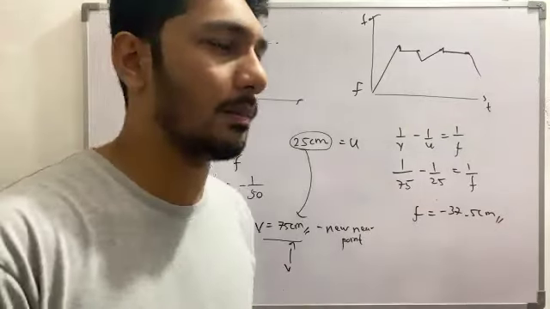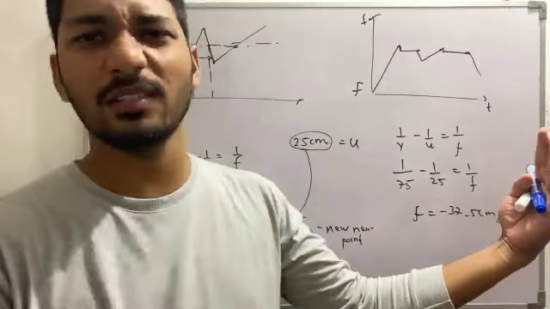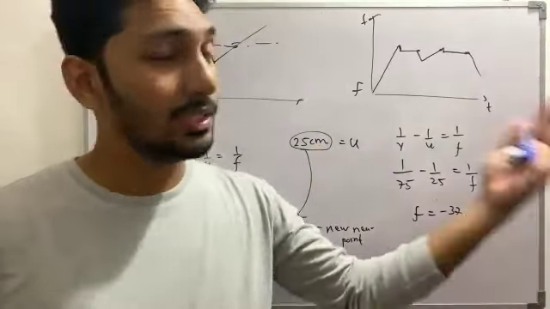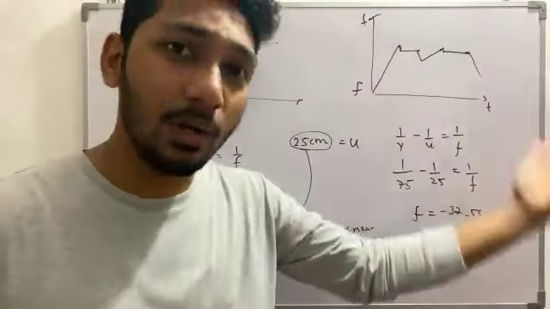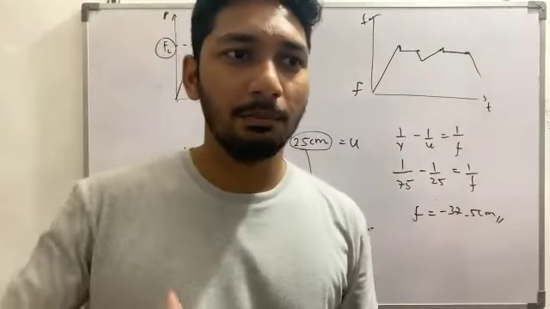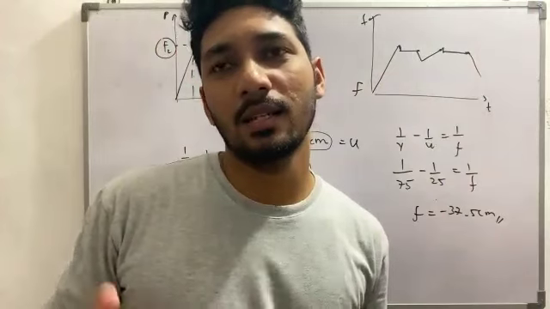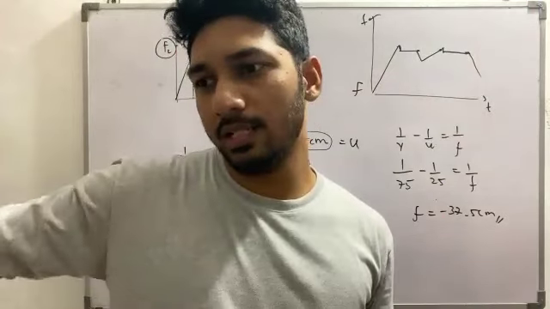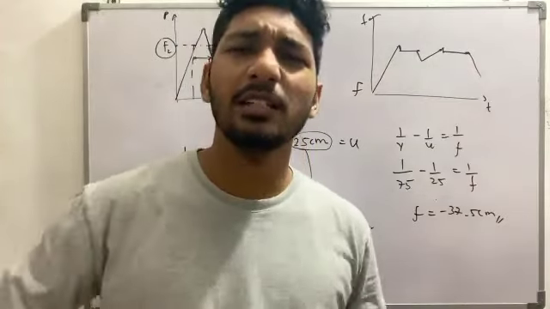Another person will come. I have long-sightedness. I have to keep the book away from me. I can't read from 25 centimeters. Then we will say, okay, you keep it at 25. We keep it at your own near point by giving you a lens. The point where the person keeps the book is the object distance, and where the person can actually see is the image distance, and you find the focal length.